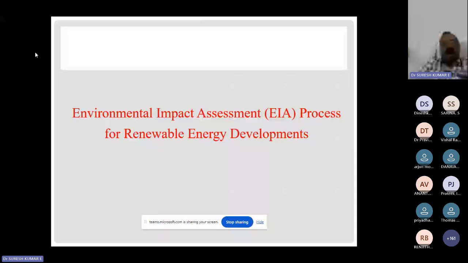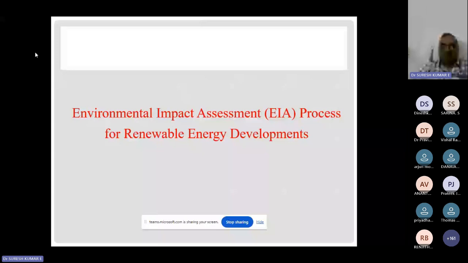Now the general tool, the environmental impact assessment tool. It is called EIA, environmental impact assessment. There is a tool as well as a process for all engineering systems and manufacturing processes everywhere, with protocols and guidelines. Similarly, for renewable energy developments also, we are using environmental impact assessment tools.